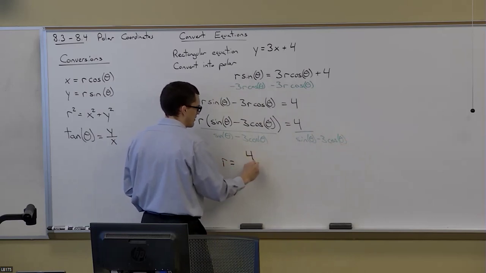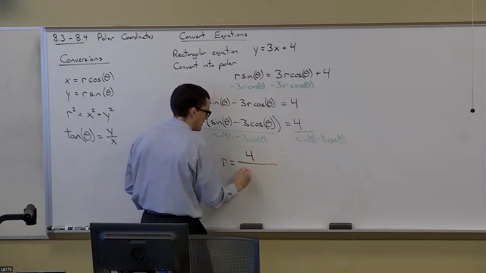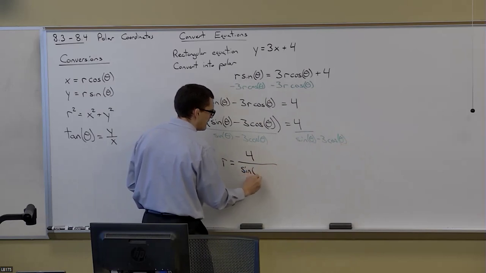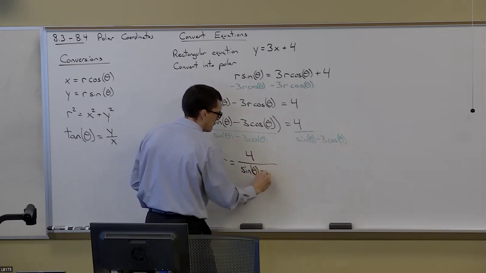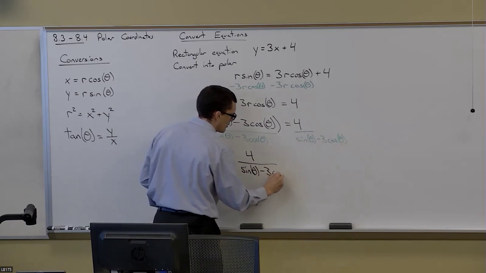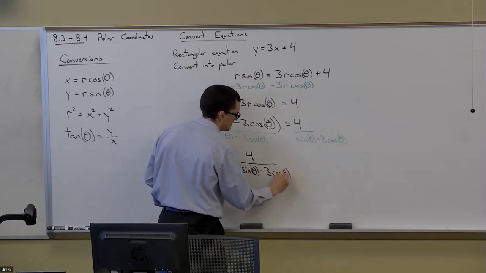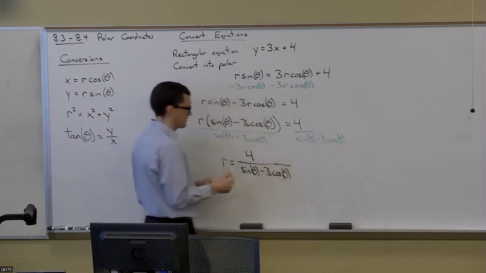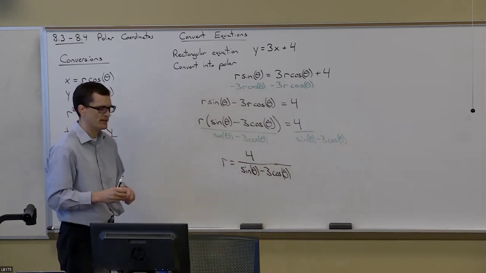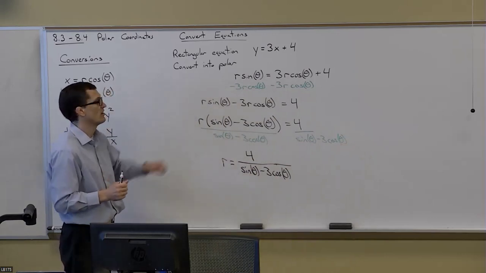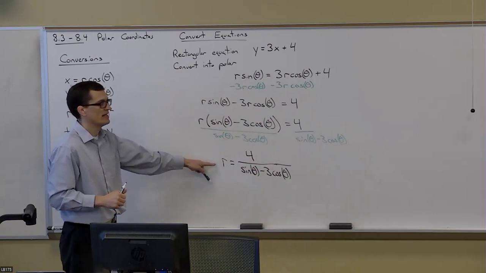So I get r equals 4 divided by sine theta minus 3 cosine theta. The sine theta minus 3 cosine theta is all in the denominator. So if I did solve for r in this case, it looked like that.